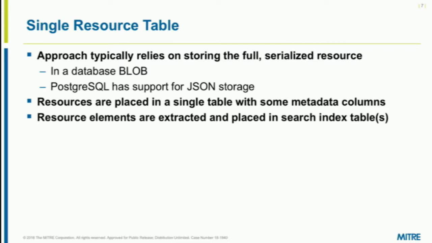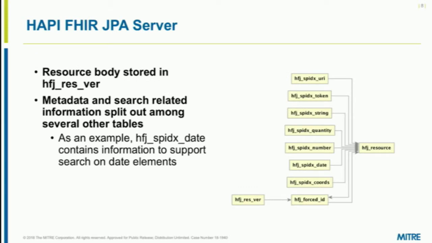An example of this, and I chatted with James about this a little bit, is the HAPI FHIR JPA server. I'm guessing that by this point in the conference, if you haven't heard of HAPI yet, I don't know where you've been. HAPI is a very popular Java implementation of the FHIR specification.